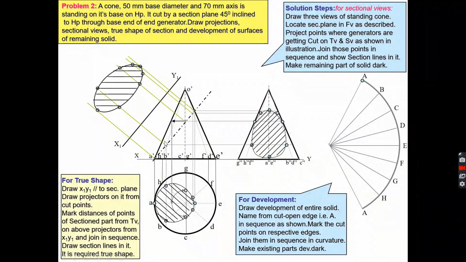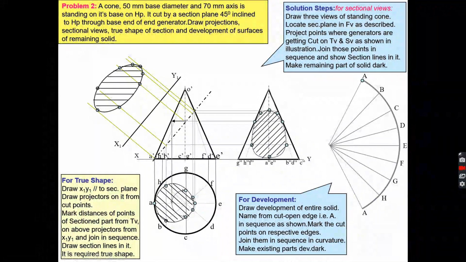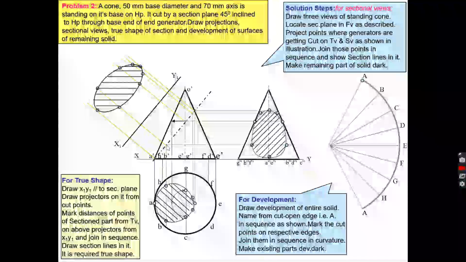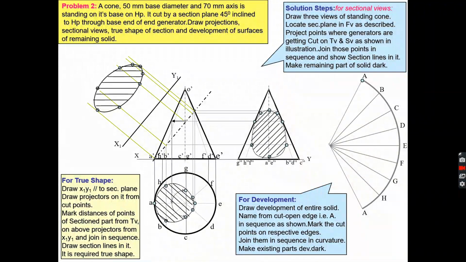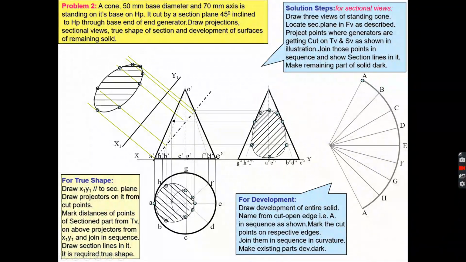Again this generator is not showing you the true length of the generator. Like in the previous problem, your slant edge is not showing the true slant length. Similarly, here generators OH and OB, and again OC and OG, OF and OD, all these generators are not showing you the true length of the generator.